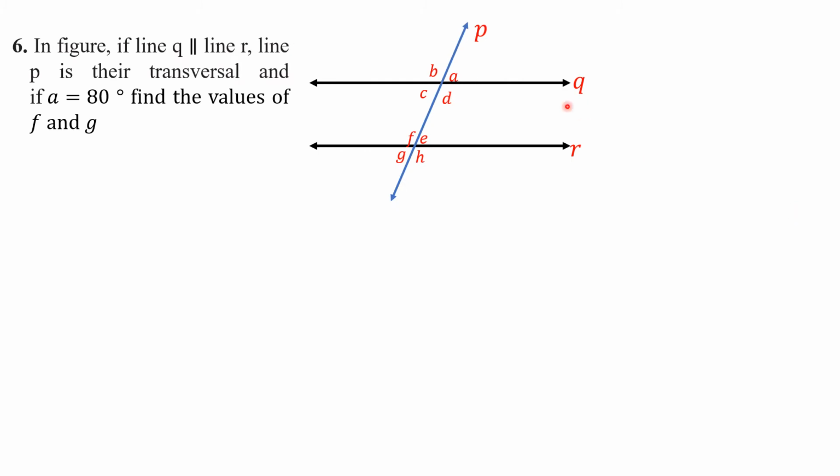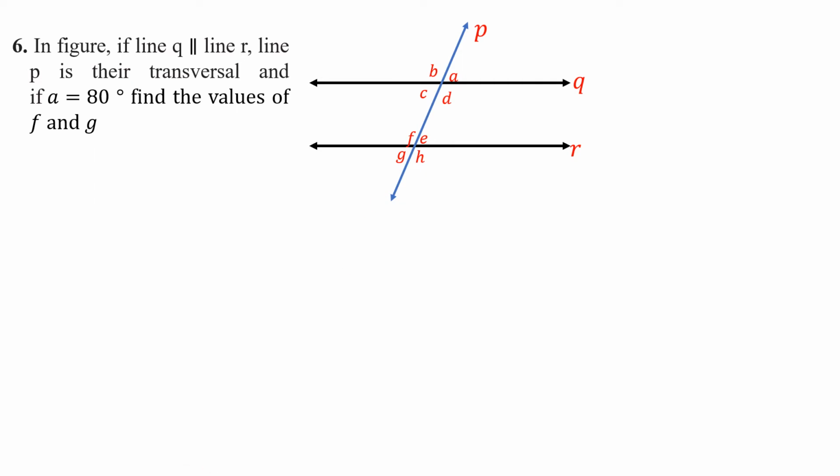Sixth example, line Q parallel line R and line P is transversal. If this angle A is equal to 80 degree, find the values of F and G. Now observe the figure.